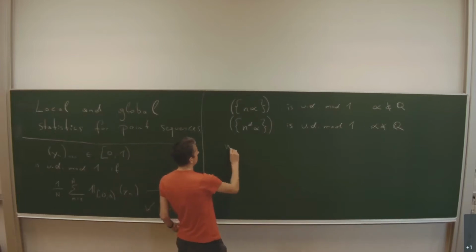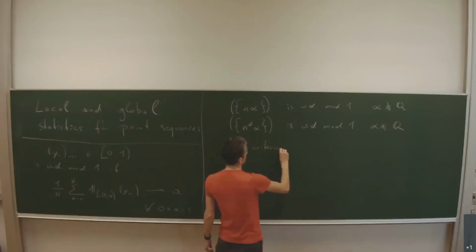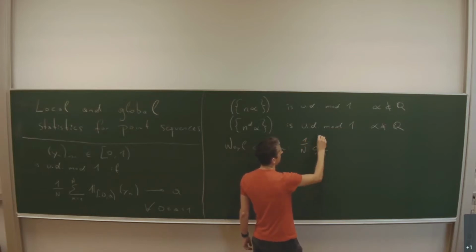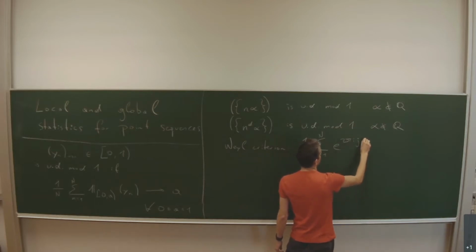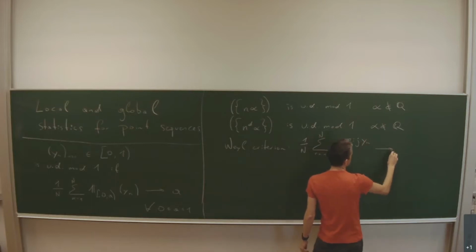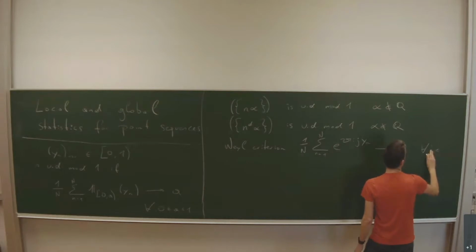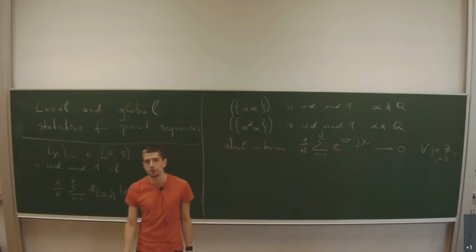This is the famous Weyl criterion, which says that you can consider exponential sums: if the average of e to the 2 pi i j y_n tends to 0 for all integers j which are not 0, then you do have uniform distribution modulo 1.